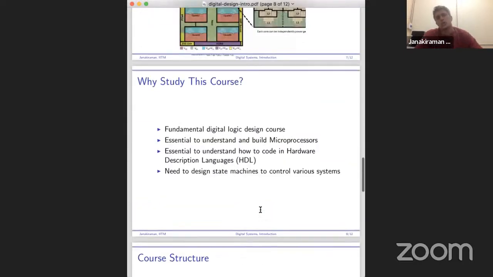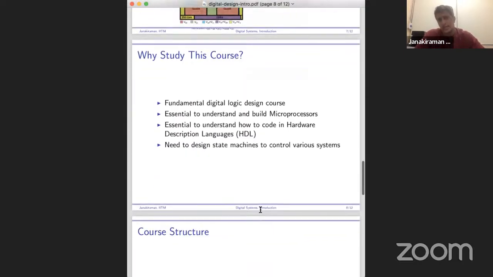So essentially, I will just go through why you should be studying this course. Like I said, it's a fundamental digital logic design course. It's your first introduction to digital computation. It's essential to understand and build microprocessors. It's also essential to understand how to code in hardware description languages. Later, you will be exposed to Verilog and other things.